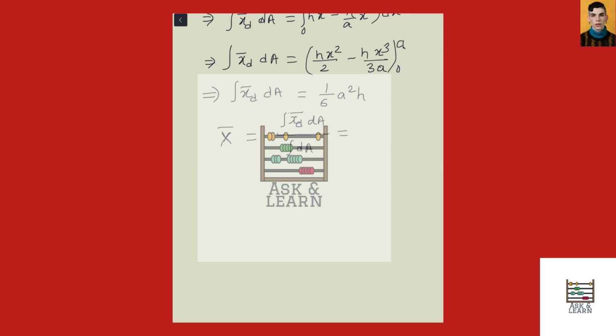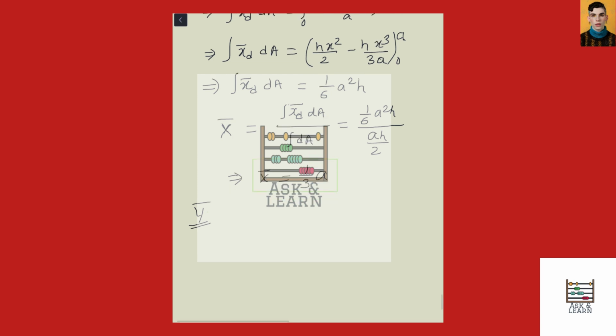So xd dA is 1 by 6 a square h, and from equation 2 integration of dA is ah by 2. So from here x bar will be equal to 1 by 3a, or simply a by 3. This will be our value of x bar.